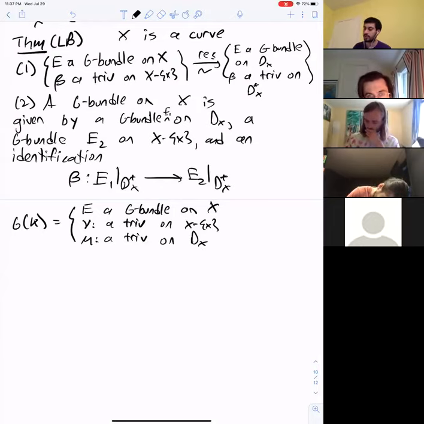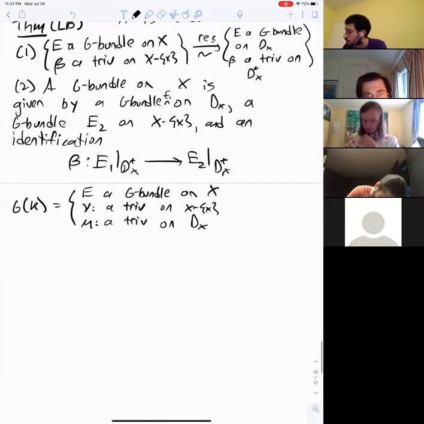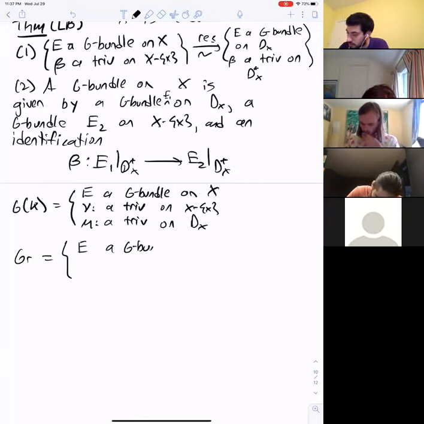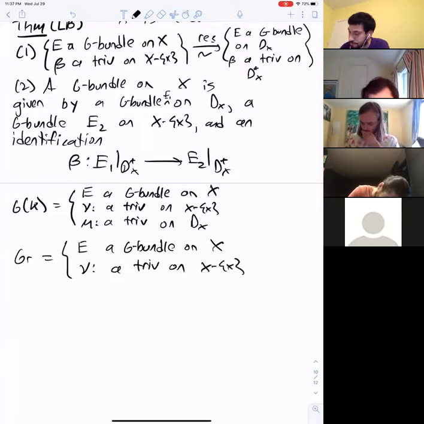It's the same thing where to get the G bundle, we had to have these two bundles and glue them together. To get an element of GK, we have to keep track of the trivializations. The argument, once we have the Laszlo-Boville theorem, basically tracks like what we said at the beginning. And then the affine Grassmannian can be given by this moduli space: E, a G bundle on X, and nu, a trivialization on X minus a point.